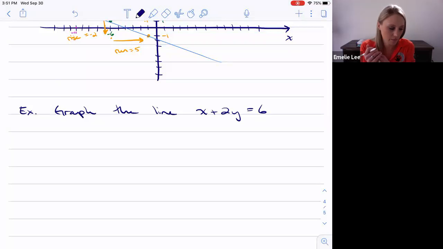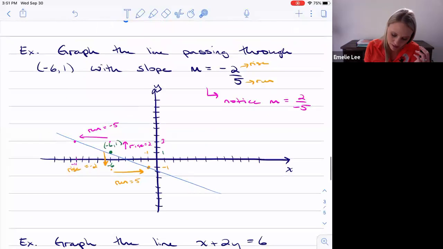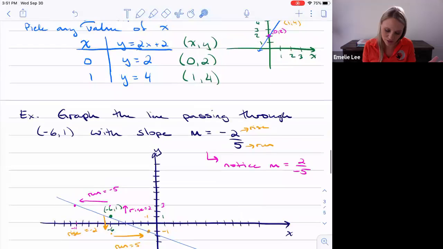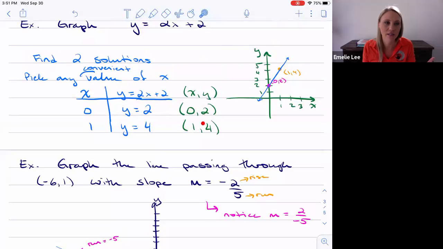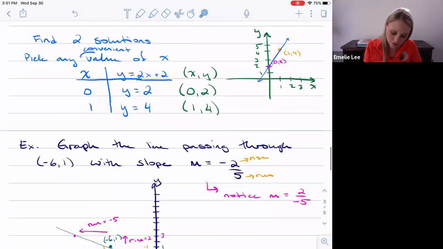That's totally reasonable, and I'd say it's probably the easiest way. And then you could find solutions, or if you rearrange it into y equals mx plus b, you could have the slope, and you could use the easy intercept. If you prefer this method of drawing a line, I actually prefer the first method. You just solve it, figure out 2 points on the line, plot them, be done with it.